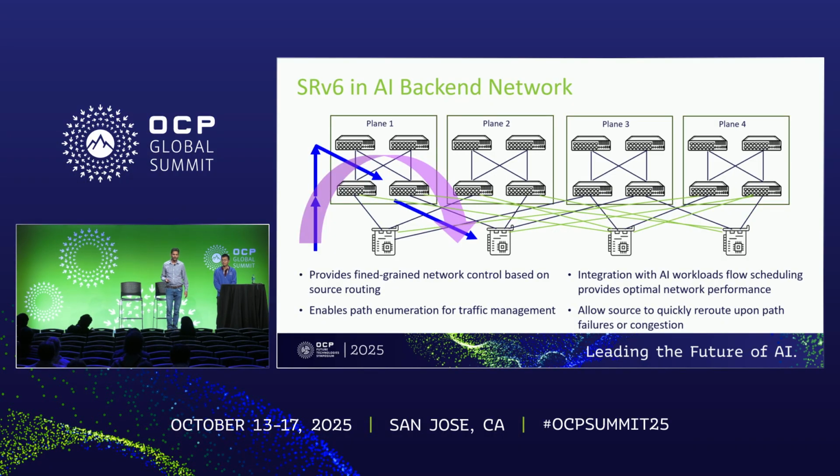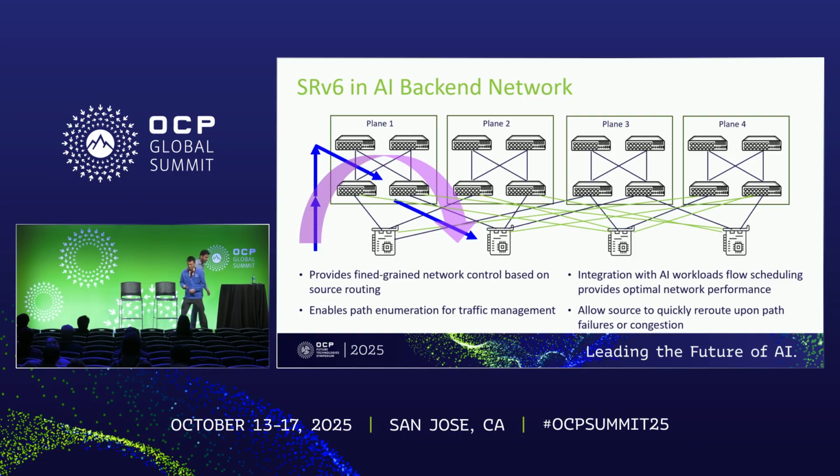Plus, it allows quicker resolution of failovers because the sender can reroute the packet to a different path. The NIC can reroute the packet to a different path if any failure is detected. So SRv6 helps enable path enumeration for traffic management and fine-grained control of network congestion. Now I will give the mic to Changrong. He will talk about how we have integrated SRv6 with SONiC for this use case.